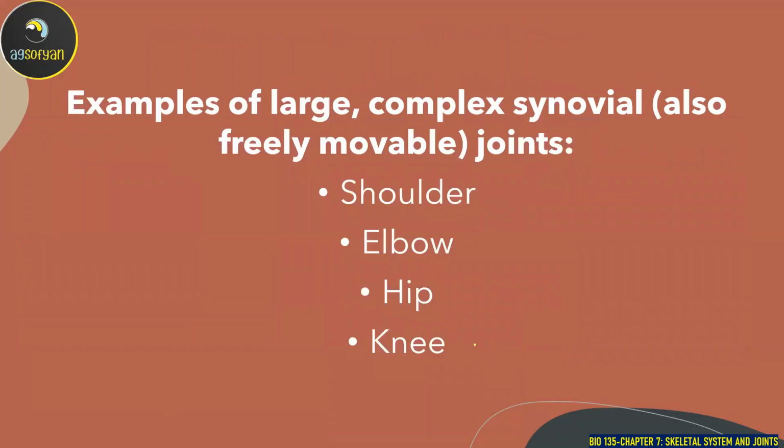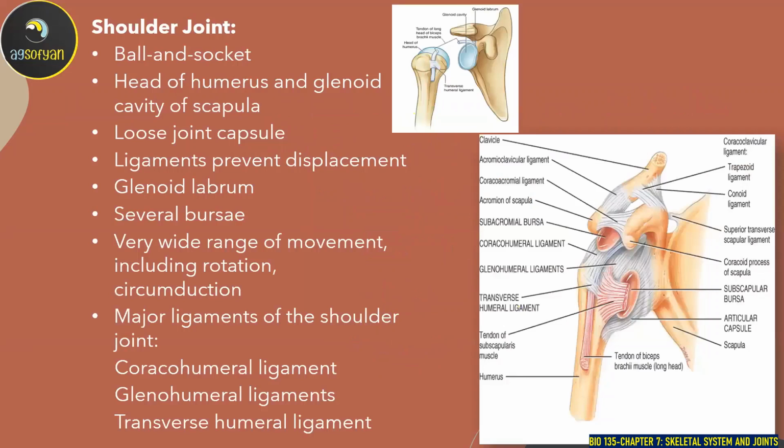Okay, now we're gonna use several examples of joints: shoulder, elbow, hip, and the knee. So as examples of synovial joint. We start with the shoulder. And of course, you see in the shoulder, there is a ball structure and the socket structure.